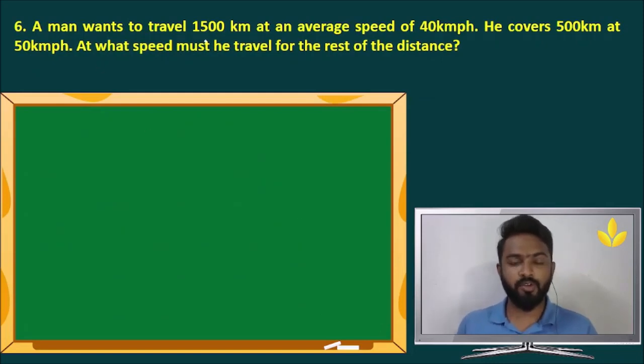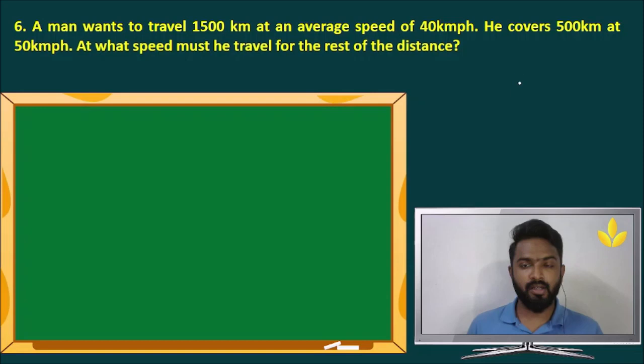A man wants to travel 1500 kilometers at an average speed of 40 km per hour. He covers 500 kilometers at 50 km per hour. At what speed must he travel for the rest of the distance? Okay, so 1500 kilometers at an average of 40 km per hour.